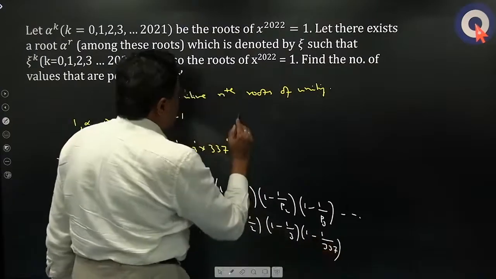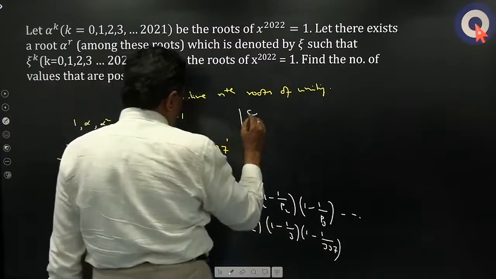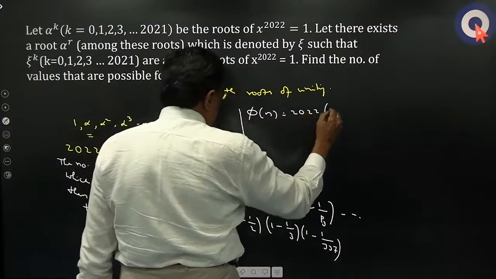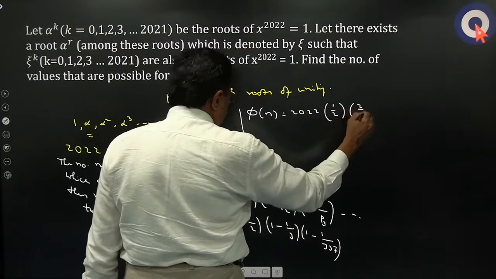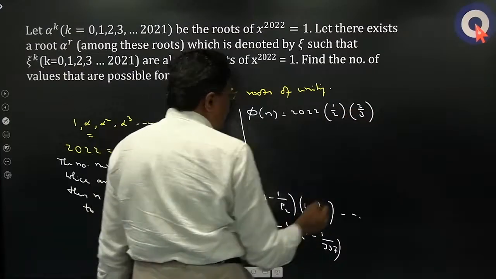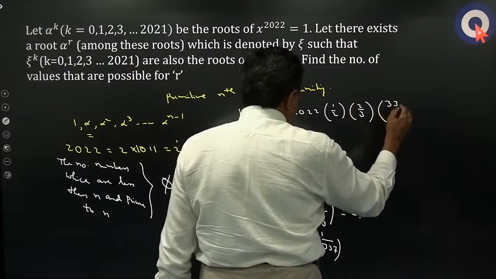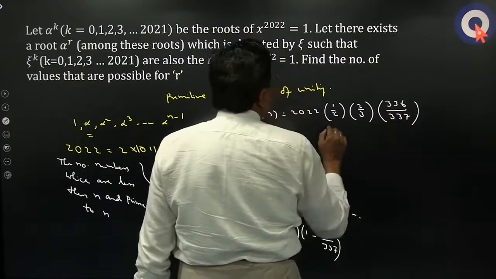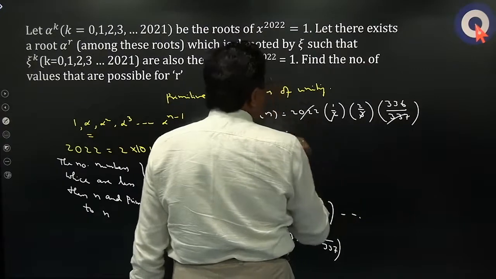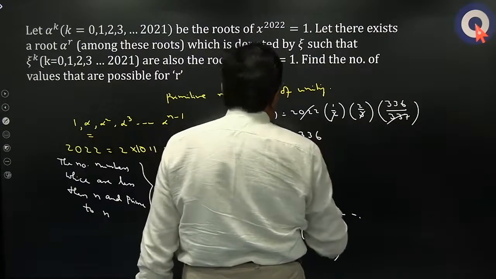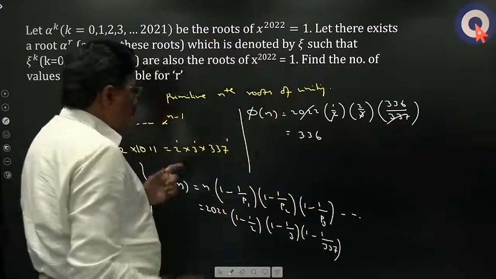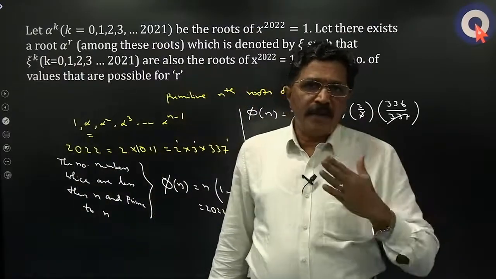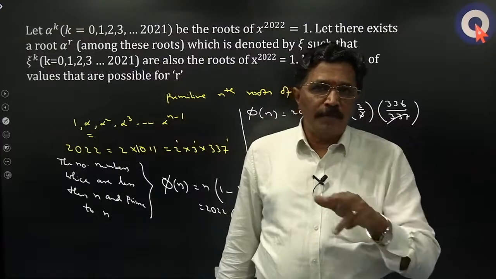So phi(n) = 2022 into 1/2 into 2/3 into 336/337. All right. So this is comfortable for cancellation. What we are getting is 336. So there are 336 numbers which are less than 2022 and are also prime to 2022.